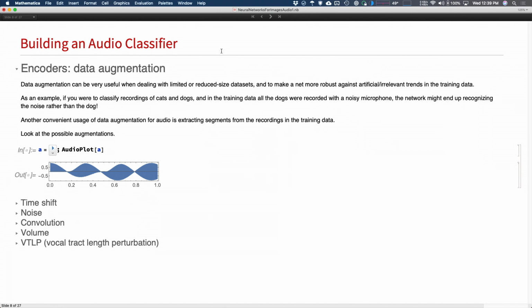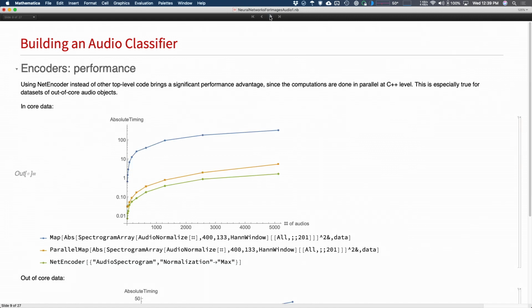There are some augmentations that are simpler, like time shifting, and some that are more problem specific, like vocal tract length perturbation, which applies specifically to speech signals. Anyways, I will not go into details because we have limited time. The other thing I wanted to mention is that these net encoders are implemented in a very efficient way, and this is why you should use these rather than system functions to inject data into a neural network.